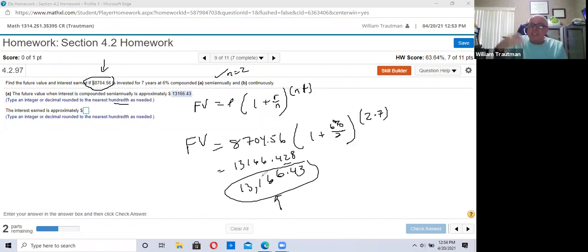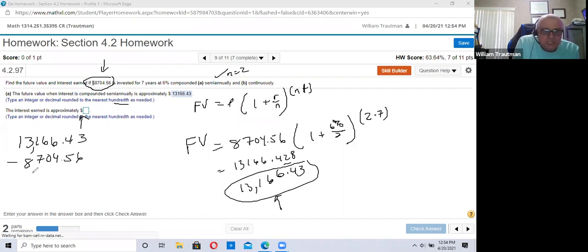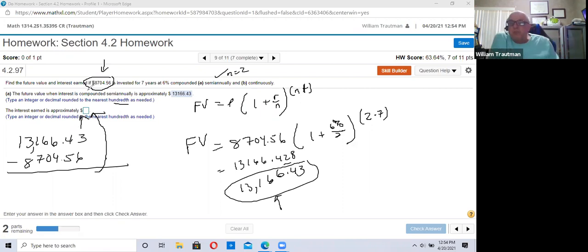The extra money is the interest. So to find the interest earned, you just write down the new amount that you have, 13,000, and subtract your starting point, 8704.56. Subtract those two, and that's the extra money.